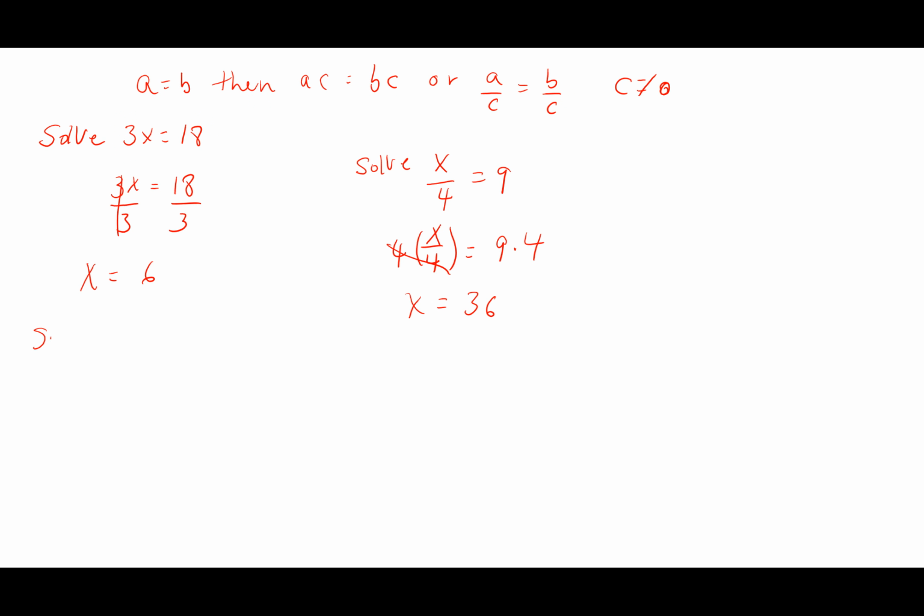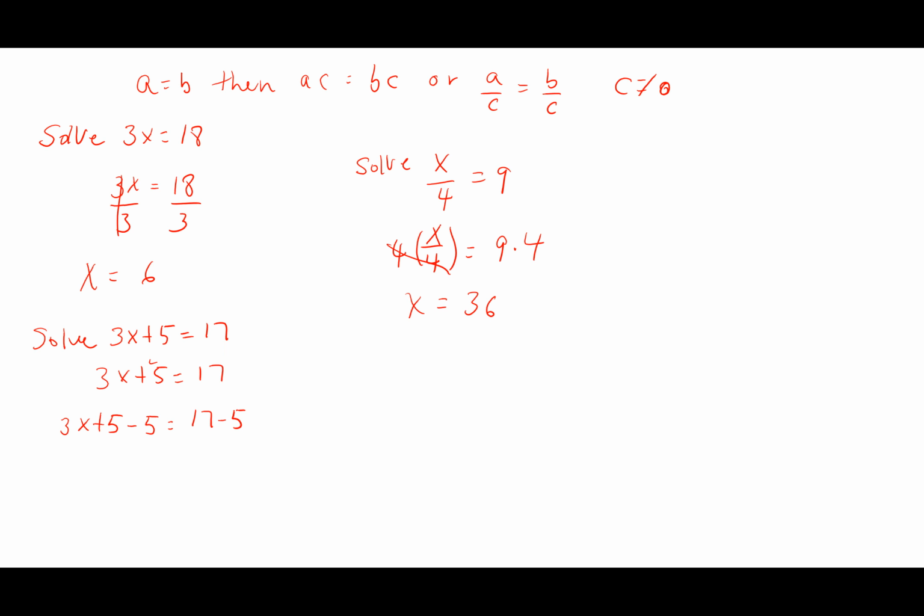If we have 3x plus 5 equals 17. So first we need to get rid of this plus 5, so that's going to be 3x plus 5 minus 5 equals 17 minus 5.